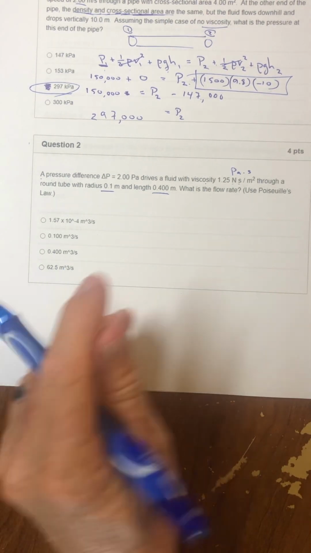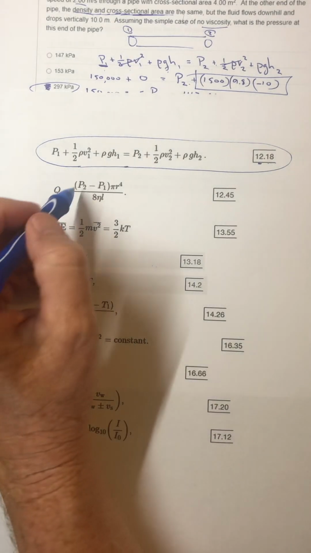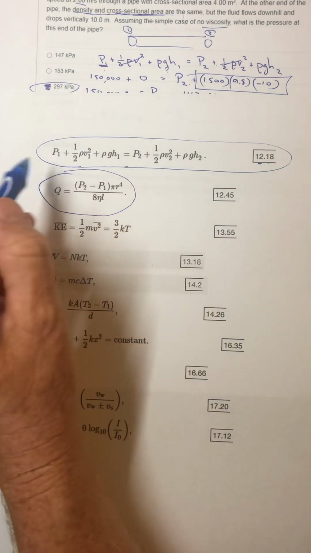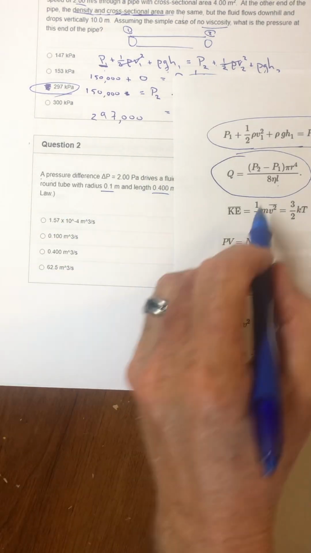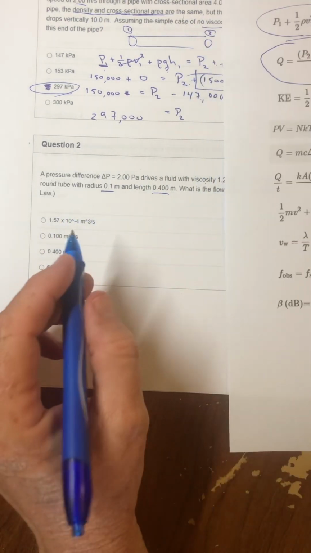And so, again, here is the formula, kind of the harder part of chapter 12. It's equation 12.45, but it's a straight plug and chug here.